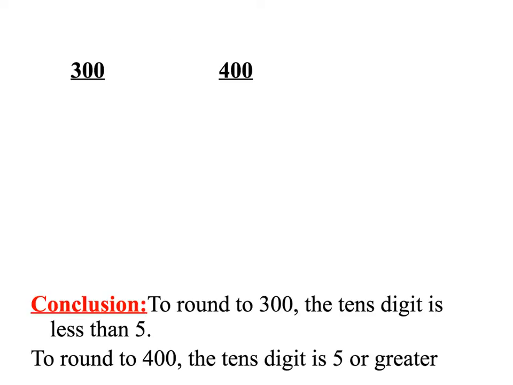There are many different numbers that fit the first criteria. So if I was going to find a number that was greater than 300 but rounded to 300, an example could be 314. Another example could be 327 or 339.